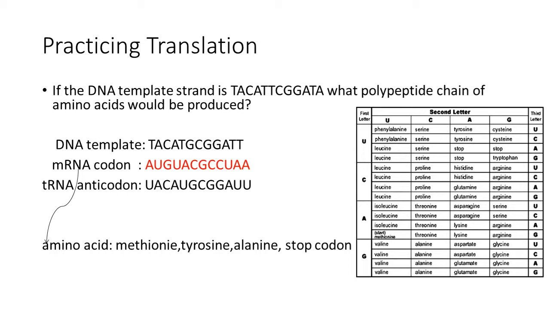We have here 3 codons that code for 3 amino acids. And the last codon gives a stop codon, which stops the translation. Methionine, tyrosine, alanine are the amino acids that formed from our mRNA. We have here now 3 amino acids.